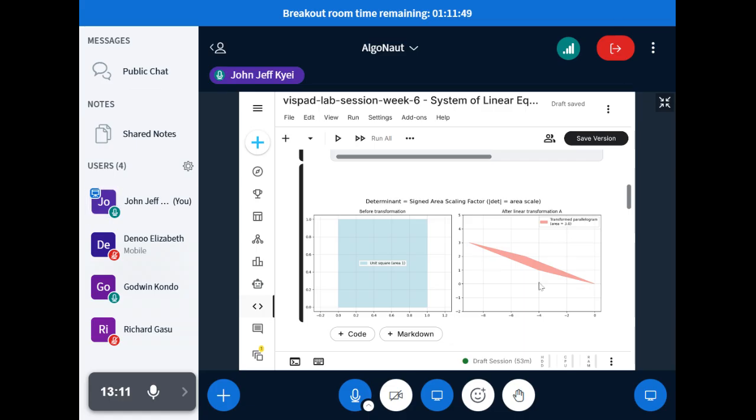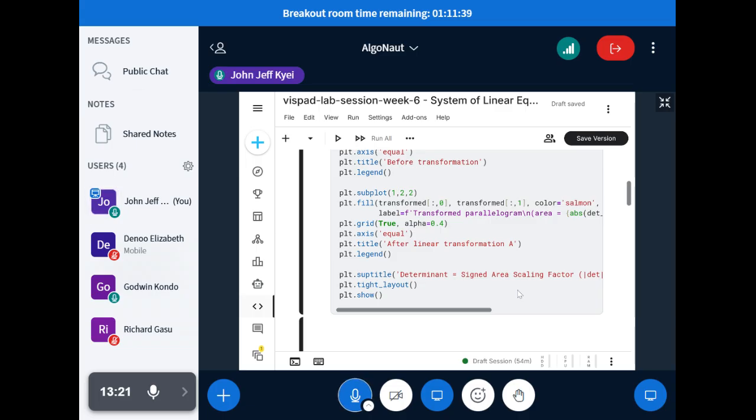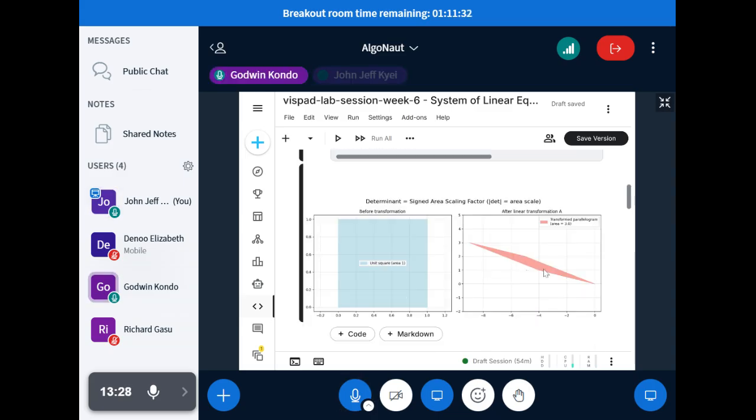And the area of this parallelogram is the absolute value of the determinant, which is 3. So yeah, this is what it looks like.